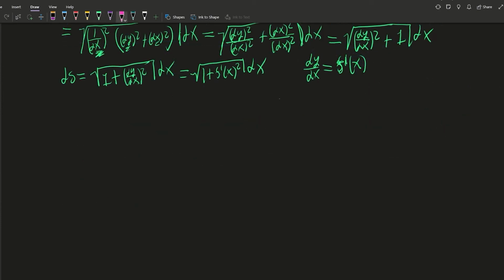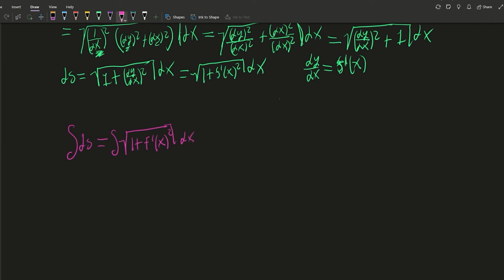Now to make it a little more clear, let's get rid of that ds. How do we do that? Well, we need to integrate both sides, and so this s would be equal to the integral of the square root of 1 plus dy/dx, whoops, I'm using the other notation now, f prime of x squared, dx.